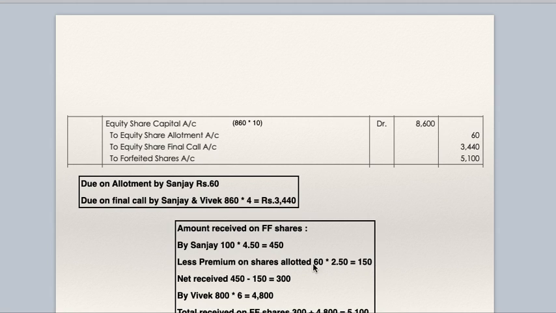If you deduct from this, net received from Sanjay is 300 and net received from Vivek is 4800. He has not paid 4 rupees per share. So that means he has paid 6 rupees per share. 800 into 6, 4800 he has paid. 4800 plus 300, 5100 they have received from Sanjay and Vivek, which gets transferred to forfeited shares account.